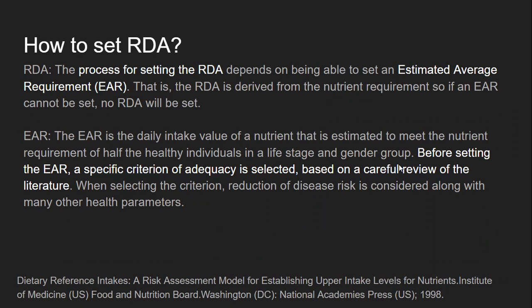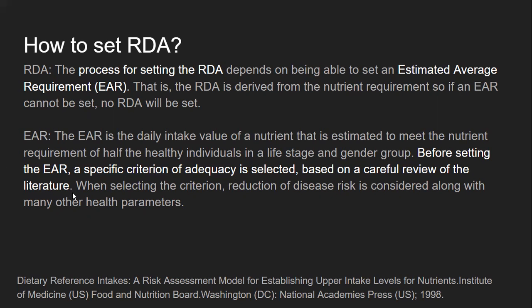So how to set the RDA? According to the Institute of Medicine, Food and Nutrition Board in the US, the process for setting RDA depends on being able to set the EAR. To set the EAR, they have a few criteria, and they base it on the careful review of the literature.